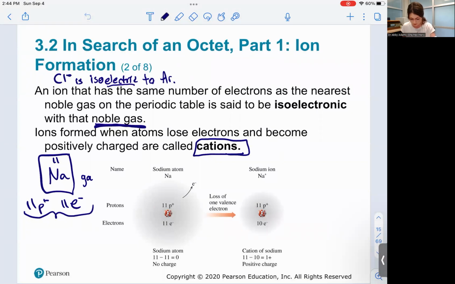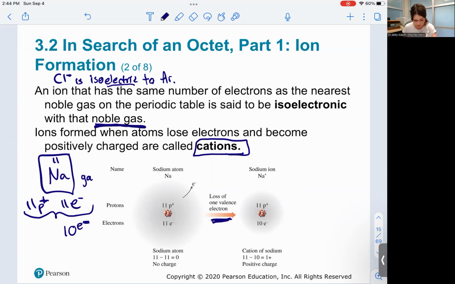So basically, you lose one of the valence electrons, and then you would become an atom that is more satisfied for that highest energy level. So if you lose one valence electron, you get rid of one, then you have 10 electrons, not valence electrons.